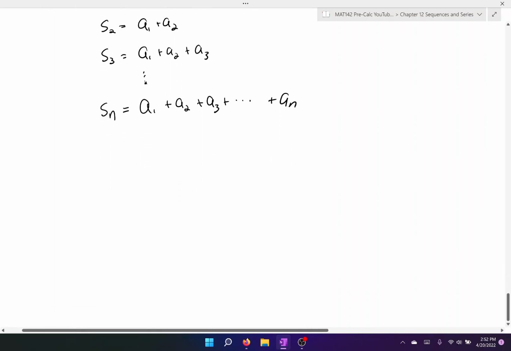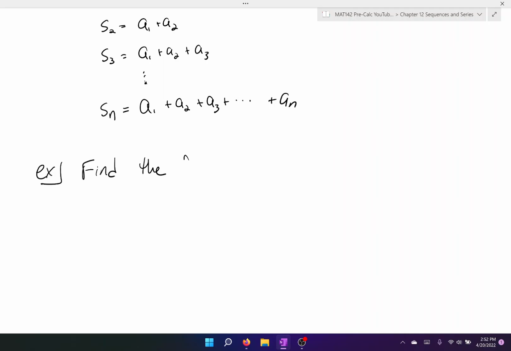All right? And then we're going to do one that's a little bit more complicated. Okay? So let's find the first 4 partial sums given by A sub n equals 1 over 2 to the n.